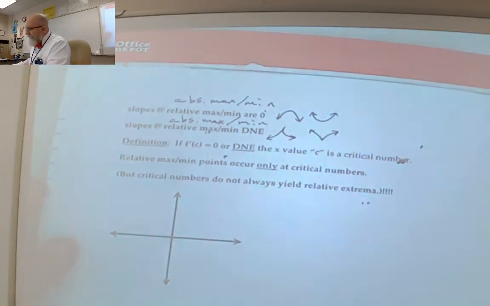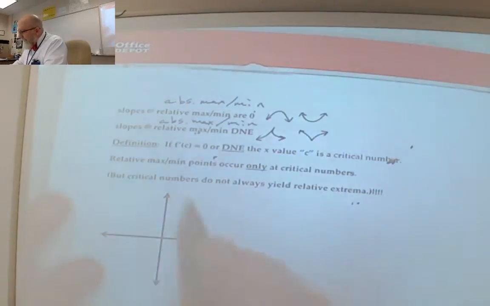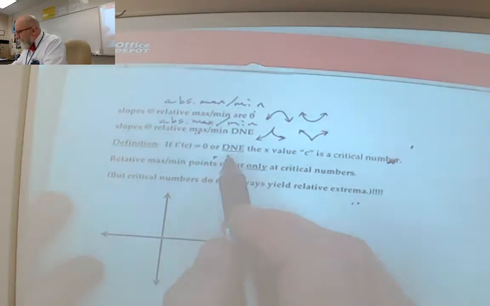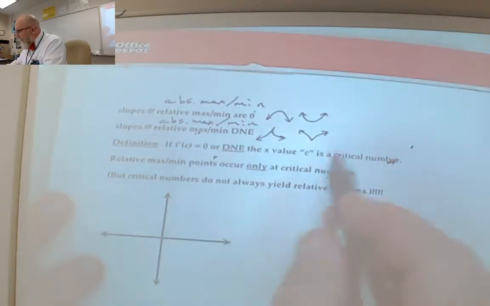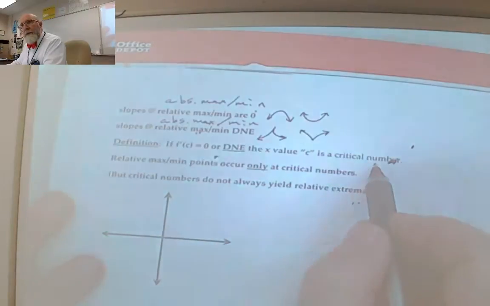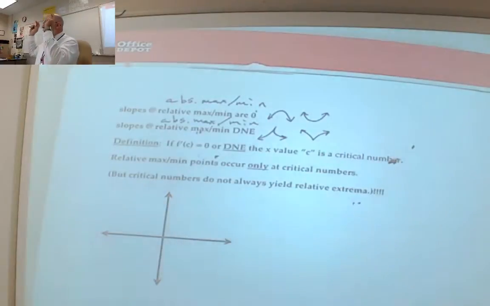So I got this definition. If the derivative with c plugged into it is equal to 0 or if the derivative does not exist when you plug c into it, we call c a critical number. We're saying it is important.